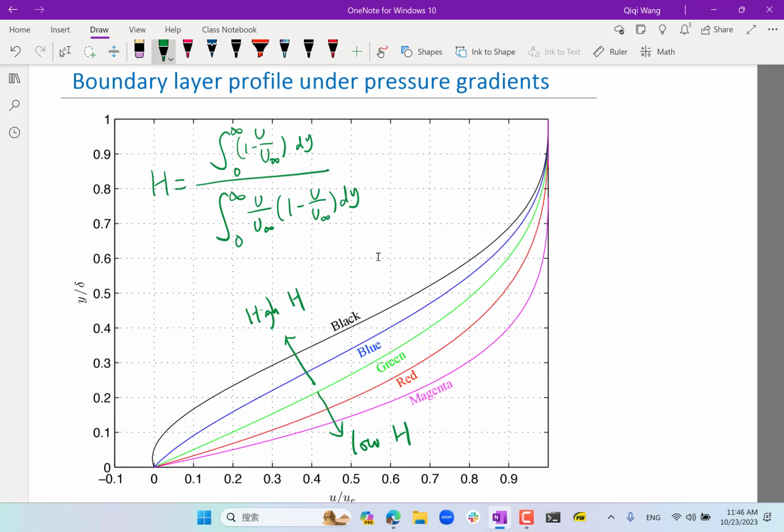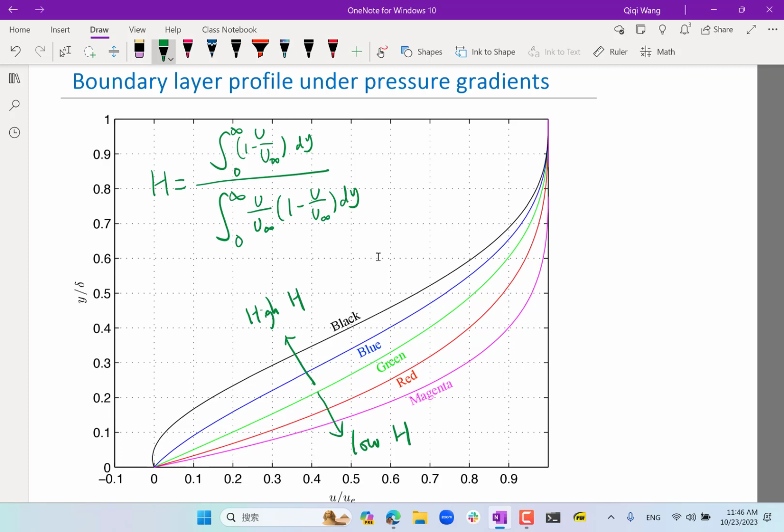But I can also know what the pressure gradient is, or at least the average pressure gradient in a small region upstream of this point, if I know the boundary layer profile, meaning how the velocity changes across the thickness of the boundary layer. This is because the boundary layer is a symptom of pressure gradient.